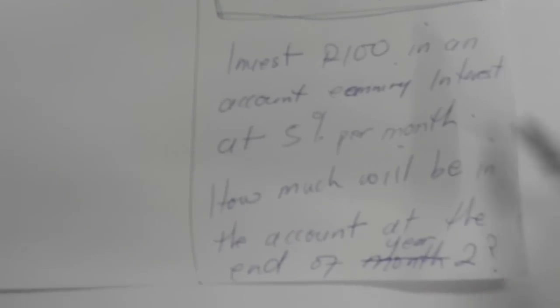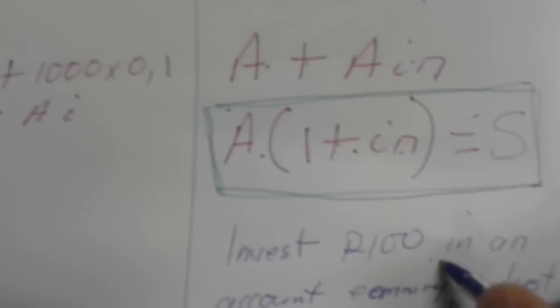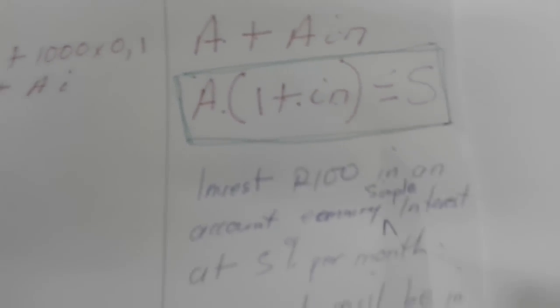Now we can see that our question has changed. Before it was 10% per annum, now it's 5% per month. So it means we are earning, don't forget, simple interest. Okay, so how do we do this? Let me just squeeze the answer here.